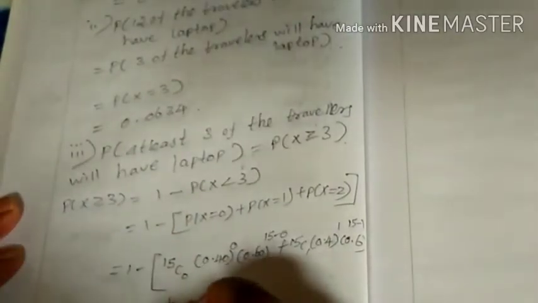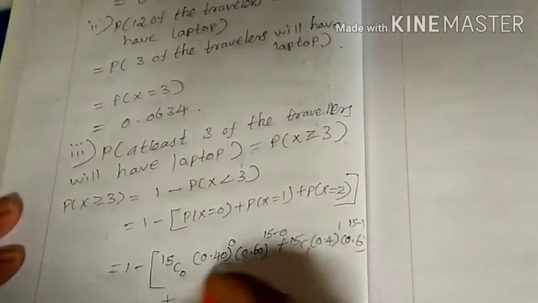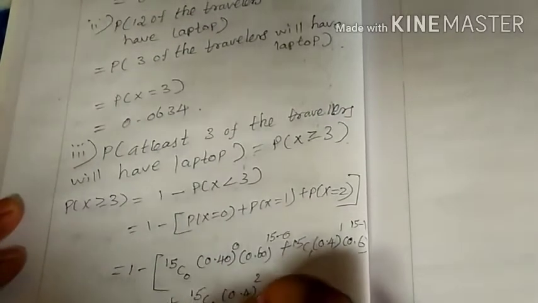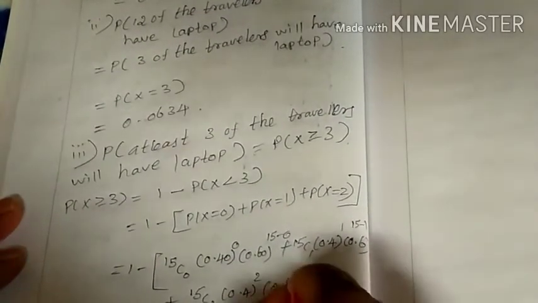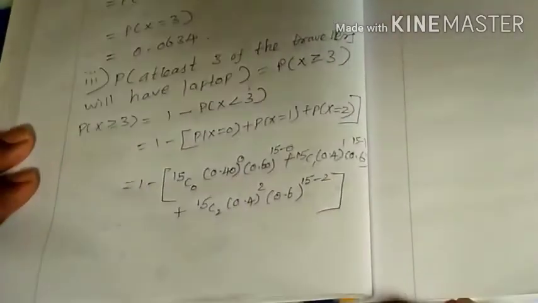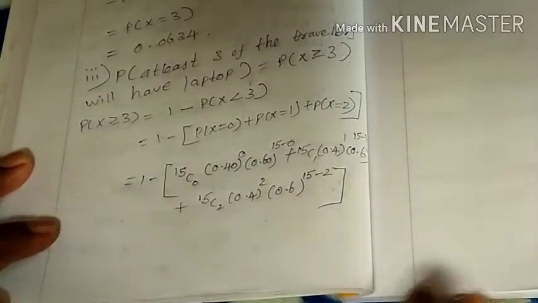Then plus, now x is equal to 2, so 15C2 times 0.4 power 2 and 0.6 power 15 minus 2. Have you understood the step? So this is the substitution method.